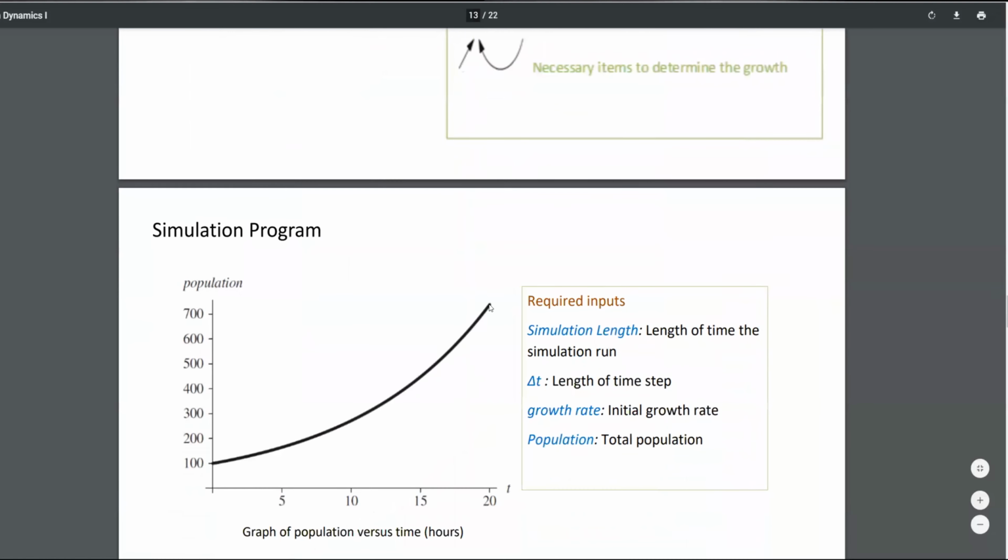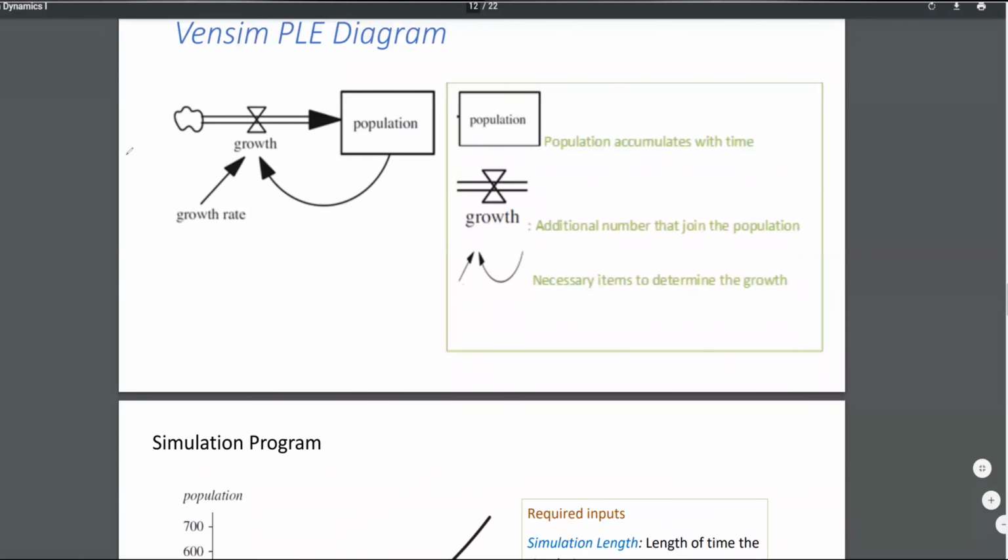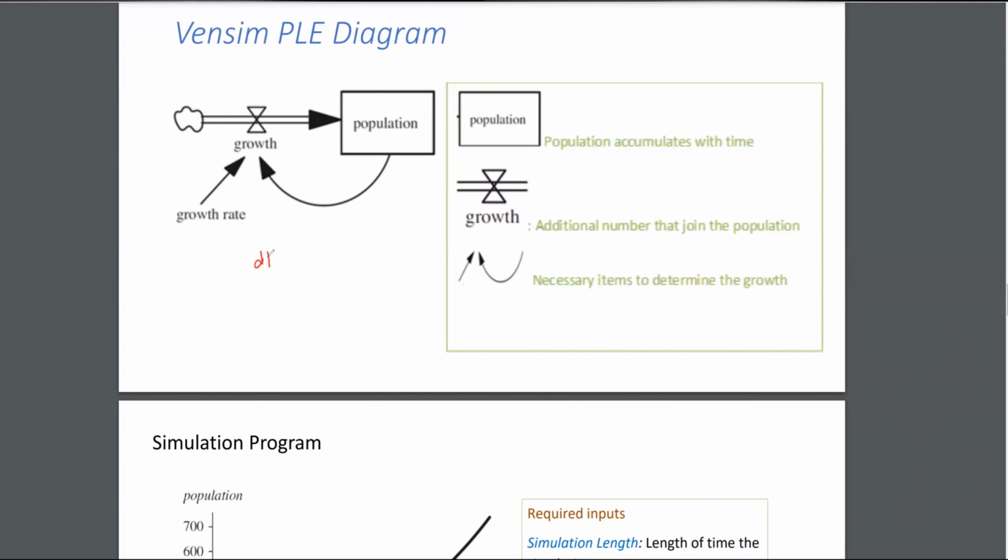Right, so once you've done this part, this is nothing but the equation I was talking about. Again, if you missed what I'm saying, this is the equation: dP/dt is equal to rP. How do you draw this in this diagram?